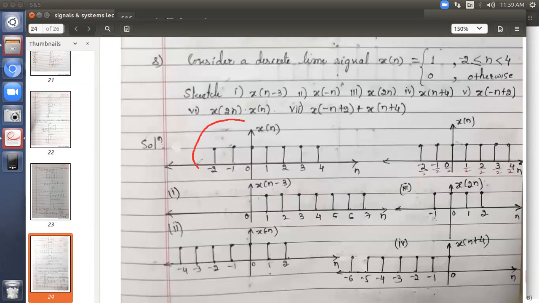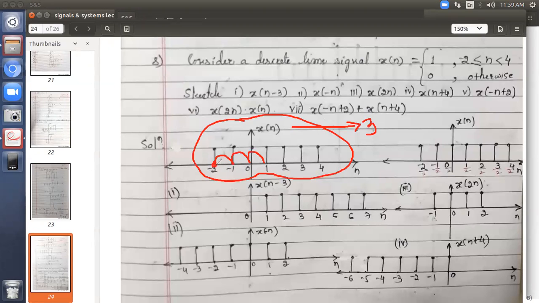So this is your x of n. If I shift the signal to the right side by 3 amounts, let's see the range. First, let me start with this point. 3 amounts to the right side: 1 amount, 2, 3.